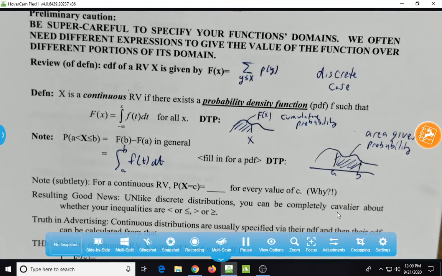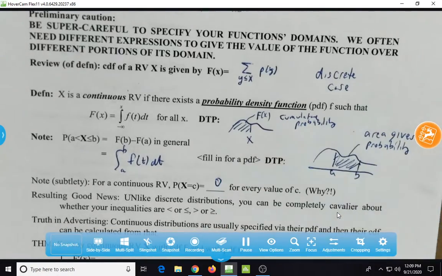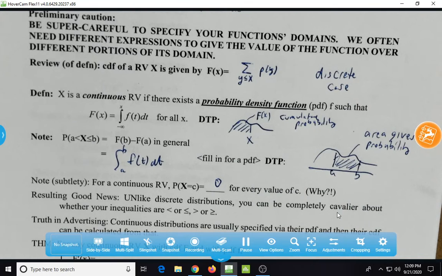Okay, so what is the answer that you have come up with? The probability of x equals c is actually 0. That's exactly right. Do you have a reason for that, Andrew? Well, a single point or value doesn't have an area.